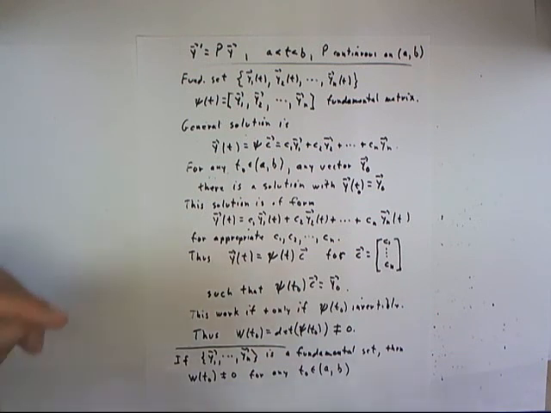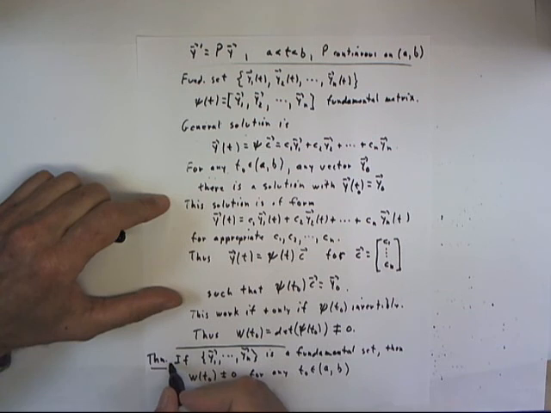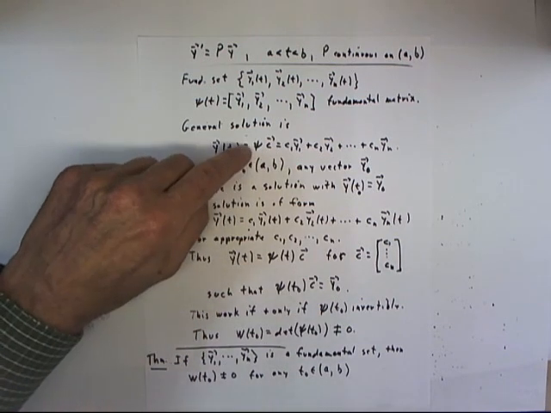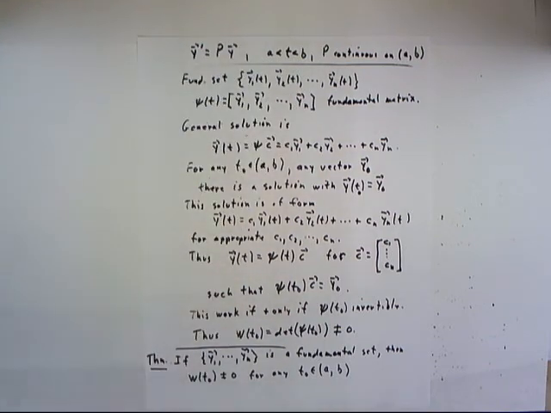And we've proved the following, which is a theorem, so we'll go ahead and glorify this by calling it a theorem. If y1 through yn is a fundamental set, it follows that the Wronskian at t naught is not zero for any t naught in a, b, where the Wronskian naturally is the Wronskian that corresponds to this fundamental set. That is, the determinant of the psi matrix whose columns are the members of that fundamental set.